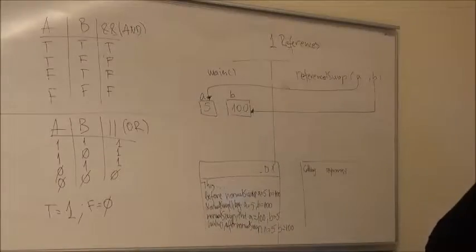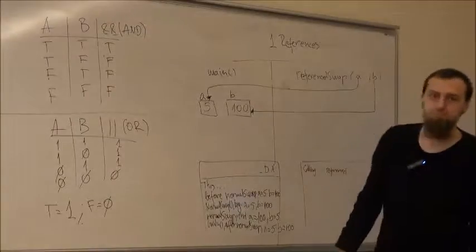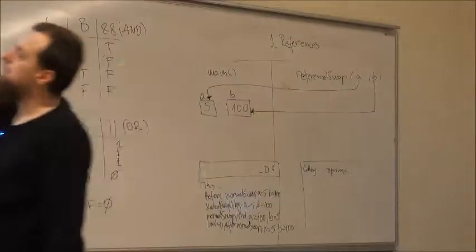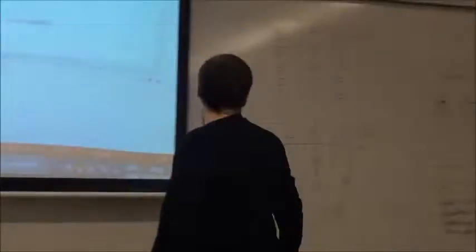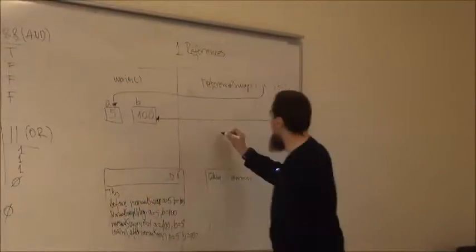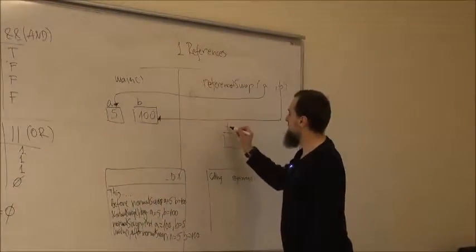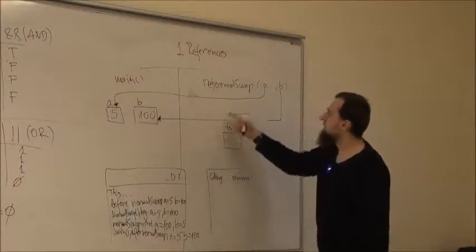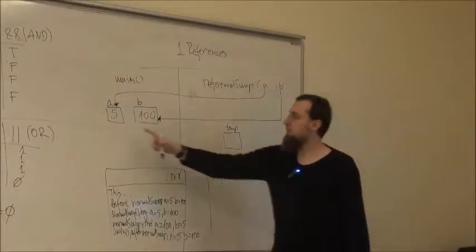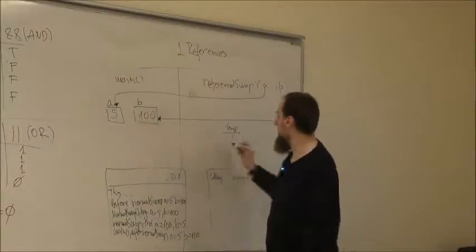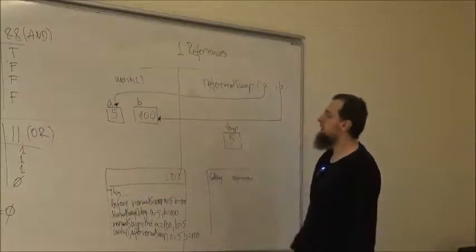The remaining part is basically the same. Again, temp is equal to A, A is equal to B, B is equal to temp, and so on. So basically, we declare a new variable, which is called temp. But this temp is only linked with reference swap. I'm saying that this temp is equal to A, so temp is 5.